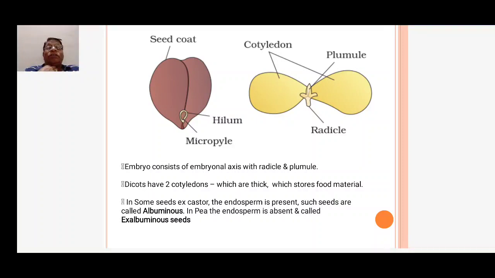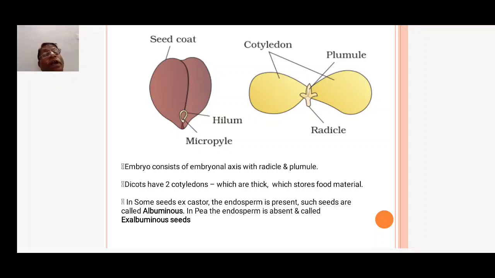Some of the seeds utilize the endosperm, called exalbuminous seeds. Endosperm is absent in the seed. If the endosperm is present, then such seeds are called albuminous.